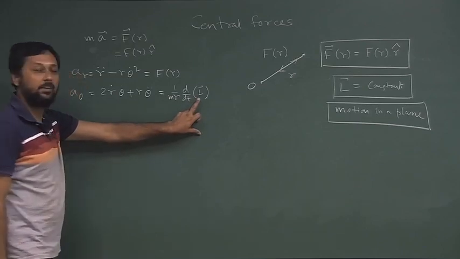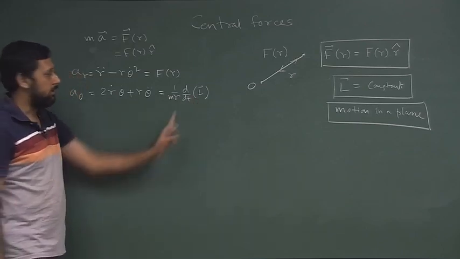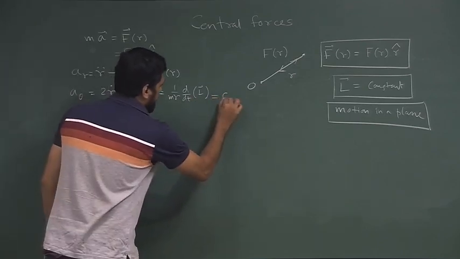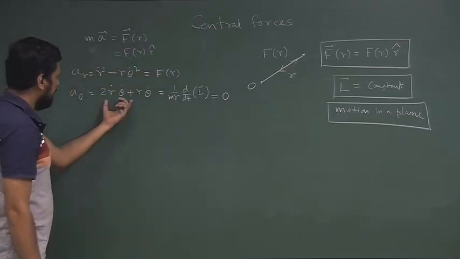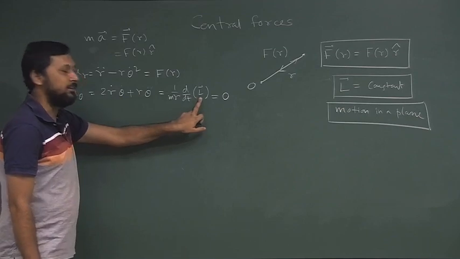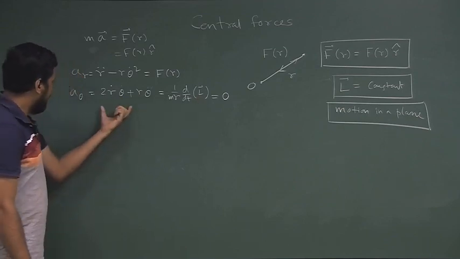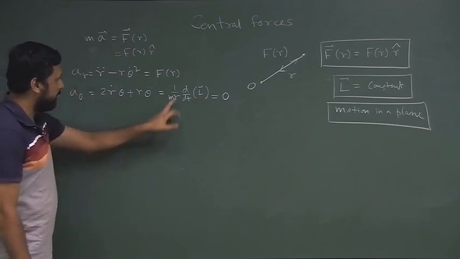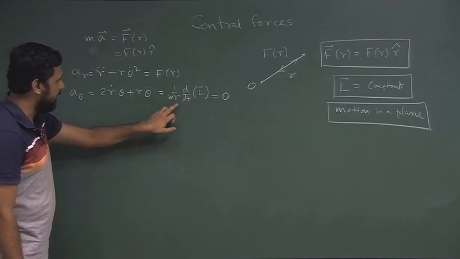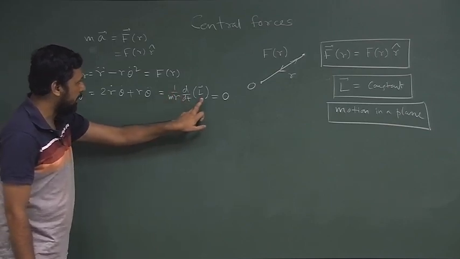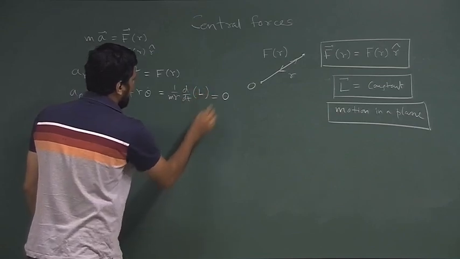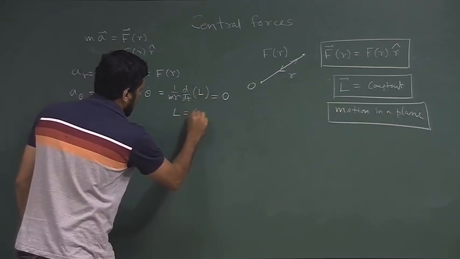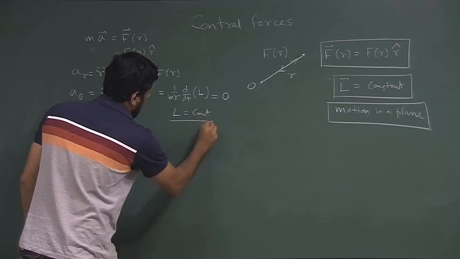We already proved that L is equal to a constant, so no surprise that this whole thing is equal to 0. Even this equation itself implies that L is a constant, because a theta we have seen can be written as 1 by m r d/dt of L. So, this essentially tells us L is a constant.